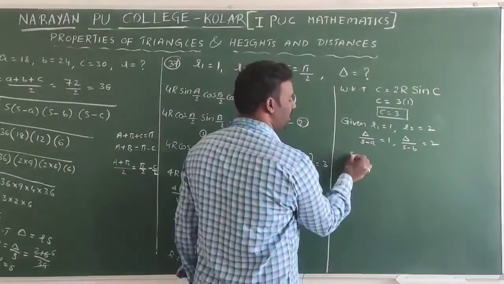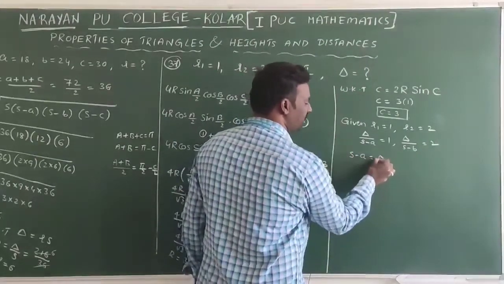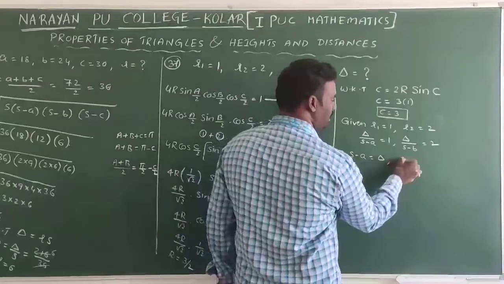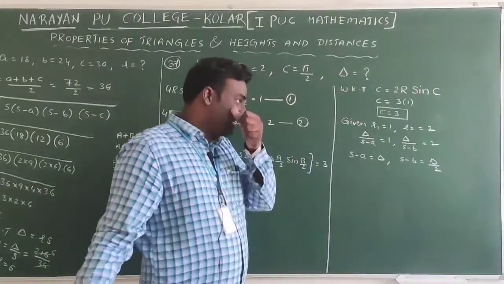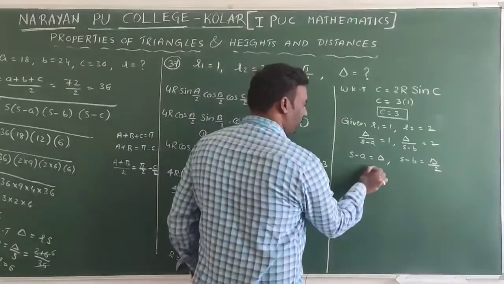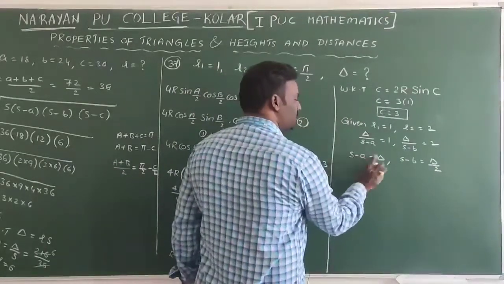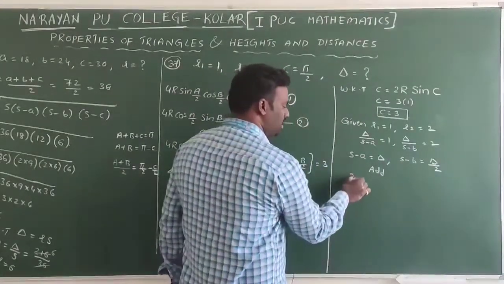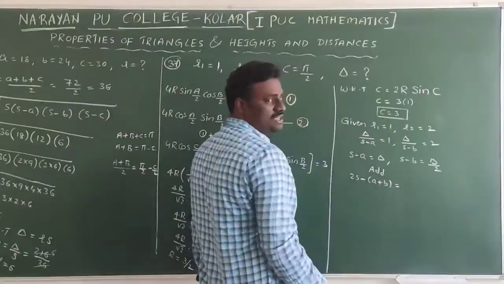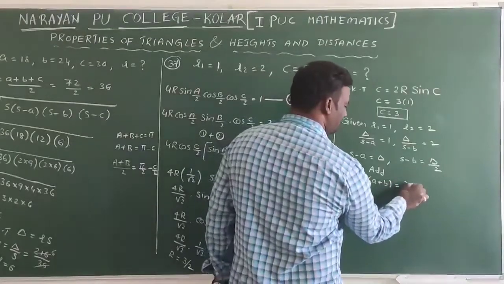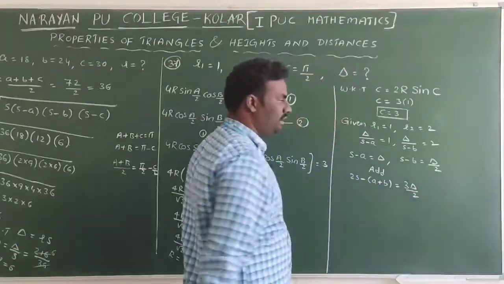From this I can write s minus a is equal to delta, and s minus b equals delta by 2. Add these two. S plus s, that is 2s minus (a plus b), is equal to delta plus delta by 2, that is nothing but 3 delta by 2.